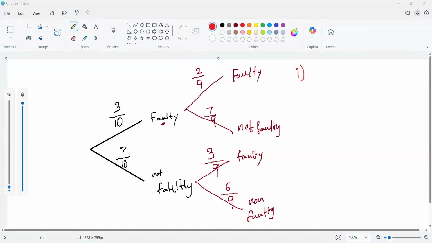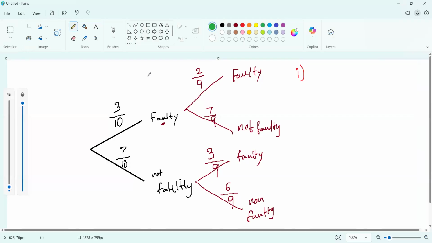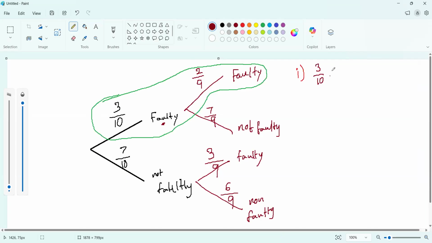Now they ask you first time, both are faulty. First one faulty, second one faulty. I write it in the group. You have to go through this tree diagram. So, how to multiply? First one faulty, 3 out of 10.